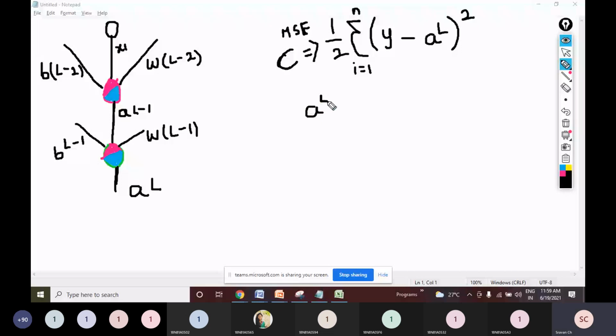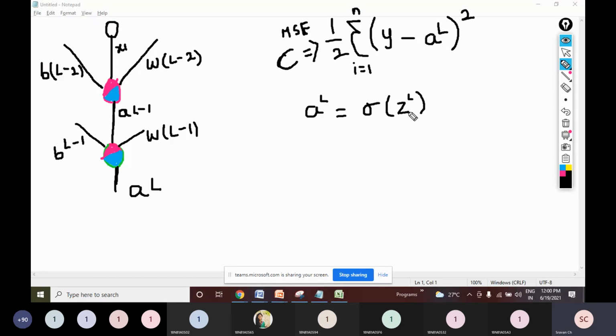It's a sigmoid function on Z of L. Friends, I told you I am using Z of L to represent the pink part and A of L to represent the blue part. So A of L is equal to sigmoid of Z of L.